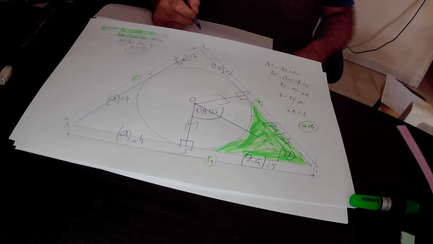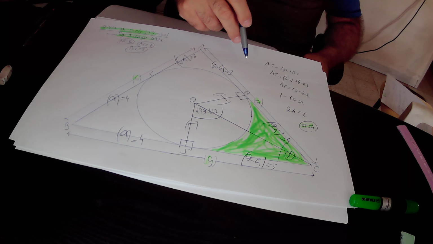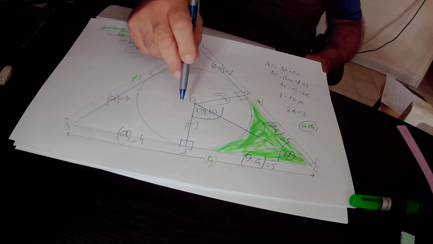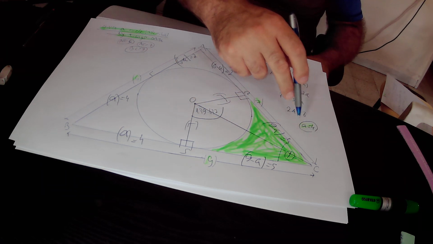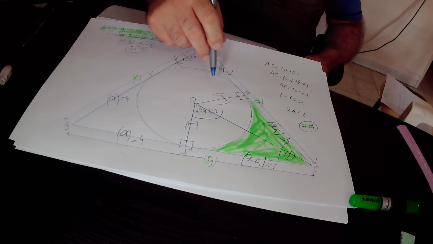From the drawing, it is very easy to see that the area of this green shape equals the area of quadrilateral QOSC minus the area of this sector, sector OQS.